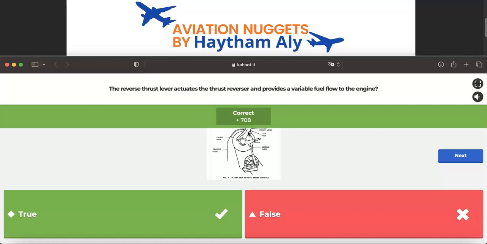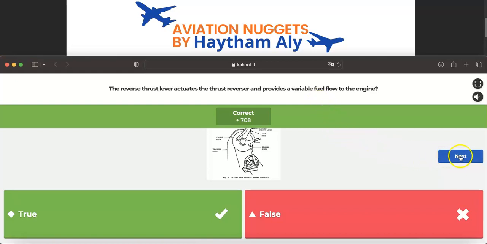Then you can take the throttle lever into a maximum reverse. In that case, fuel flow increases to the combustion chamber and the thrust from the engine increases, so that reverse thrust will increase to stop the aircraft within a limited distance. So yes, the reverse thrust lever activates the thrust reverser and provides a variable fuel flow to the engine when you take the throttle lever from idle reverse to maximum reverse.